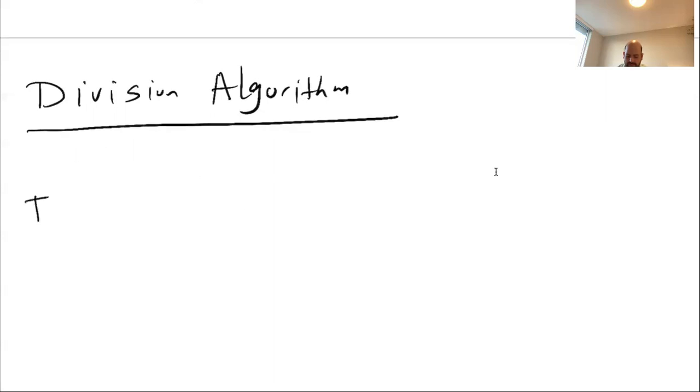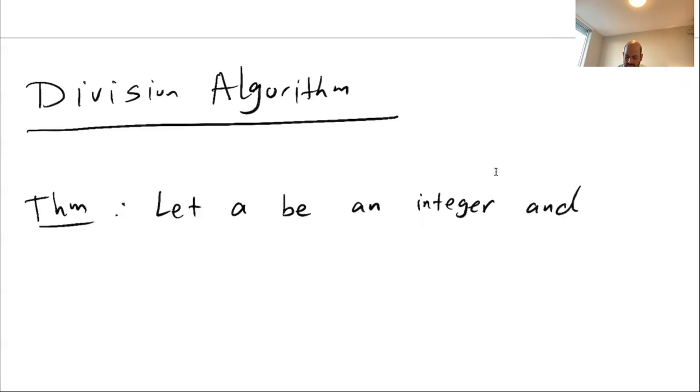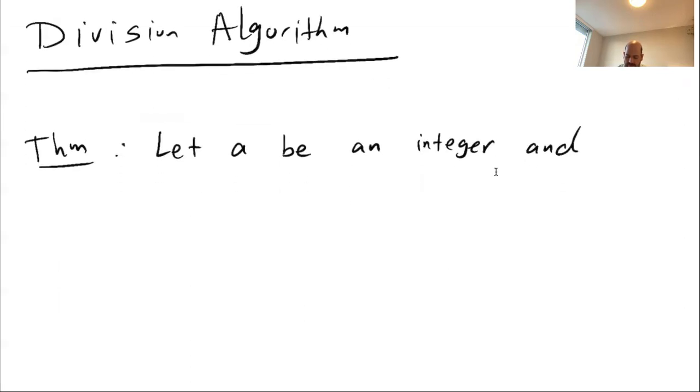So, theorem: let A be an integer and let B, bigger than 0, be a positive integer.